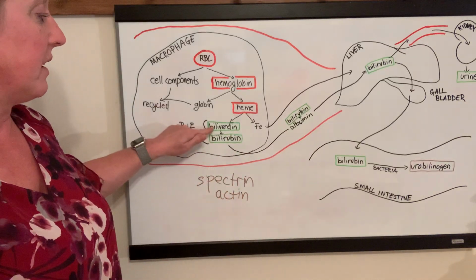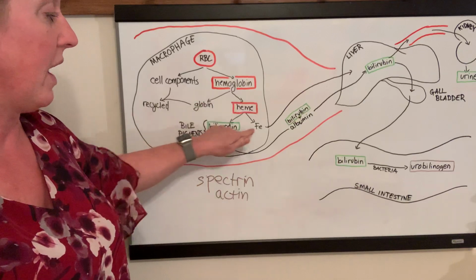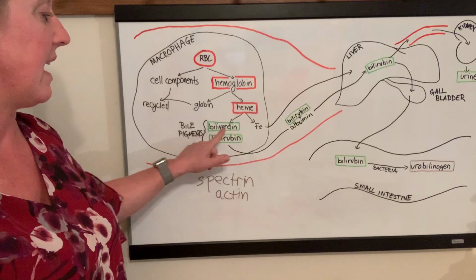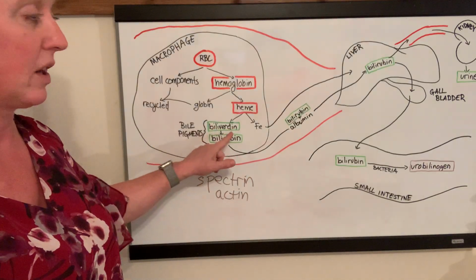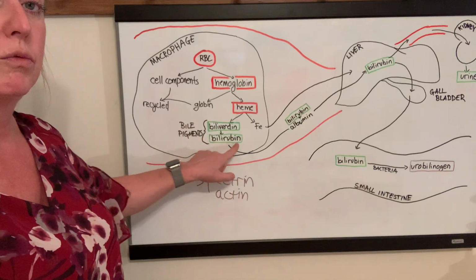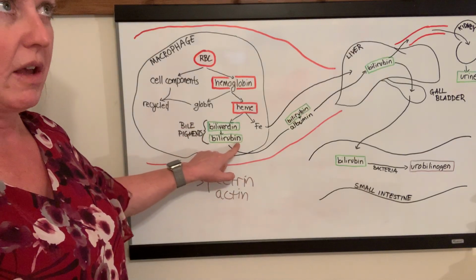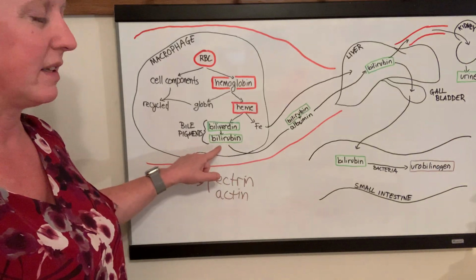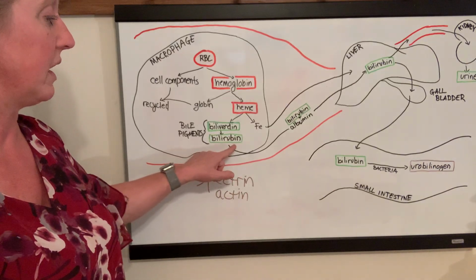The biliverdin is the heme with the iron taken away, and as soon as the iron's taken away, it gives this a green color, a dark green color. The macrophage then converts that into something called bilirubin, which sounds like it should be red in color because of the rube part, but it's actually a light green, a yellow green.